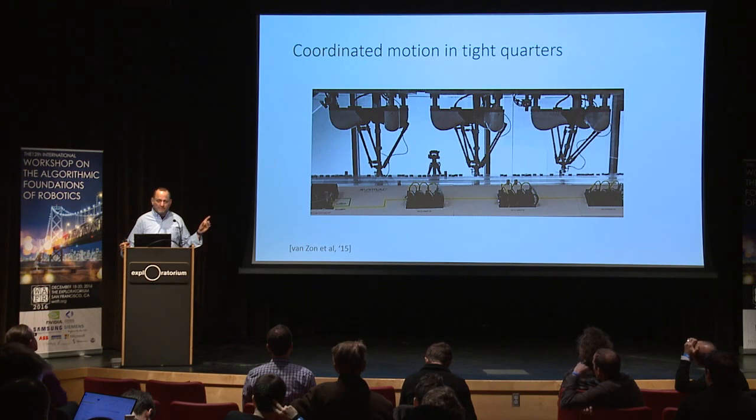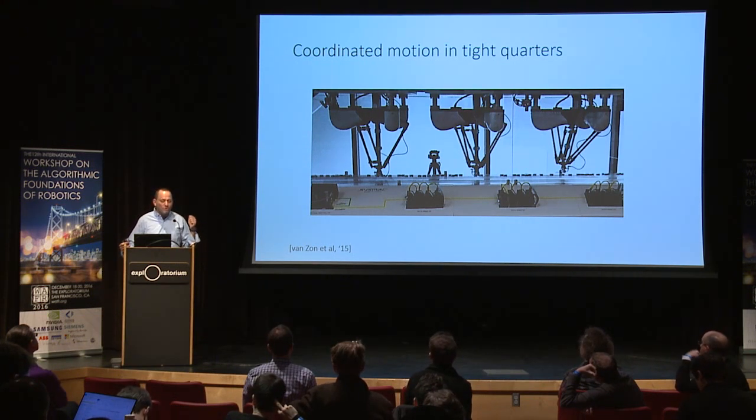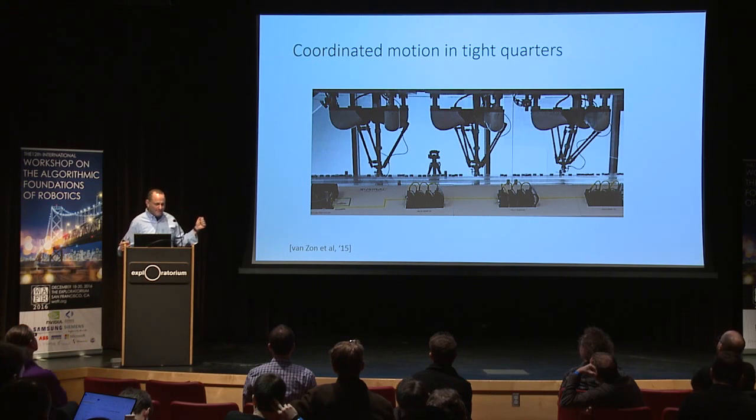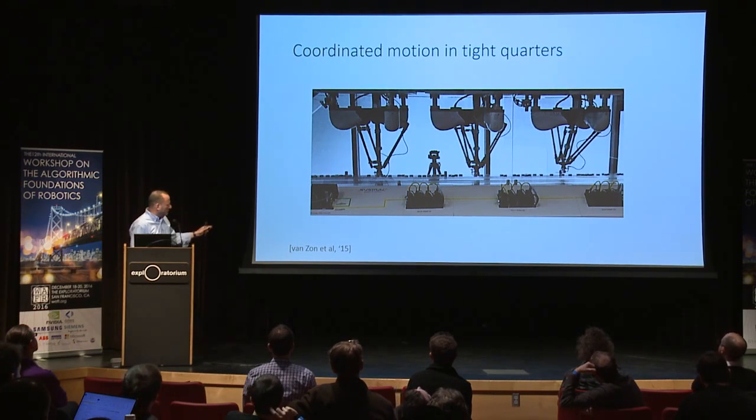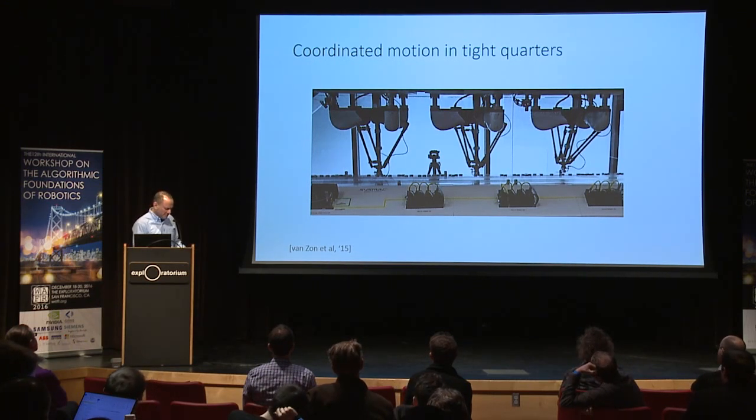In the new setting, the robots' workspaces overlap. And now you have to react with collision detection and motion planning. And in order even to do collision detection fast, you really have to understand the geometry. It's difficult. It's very tight here. If you want more details, it appears in ICRA of last year.